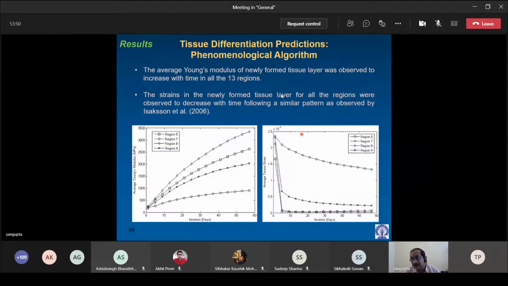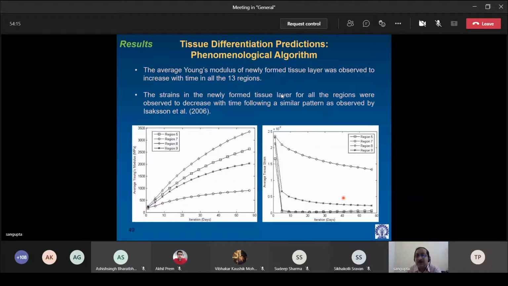Now, if you look into the results more deeply, the average Young's modulus of the newly formed tissue layer started with granulation tissue, but later transformed into different kinds of tissue. So when it is getting transformed into different tissues, we can see that the average Young's modulus of regions 5, 7, 8, and 9 is increasing.